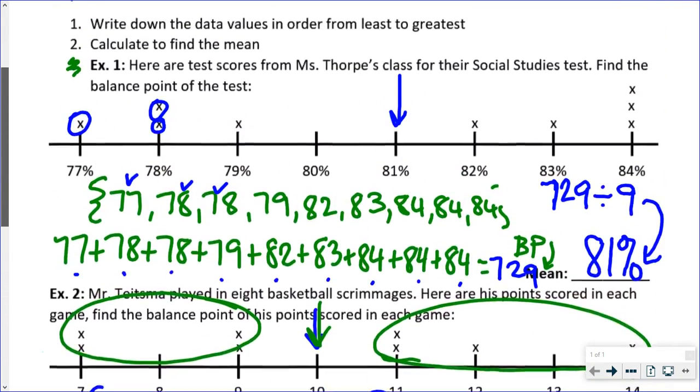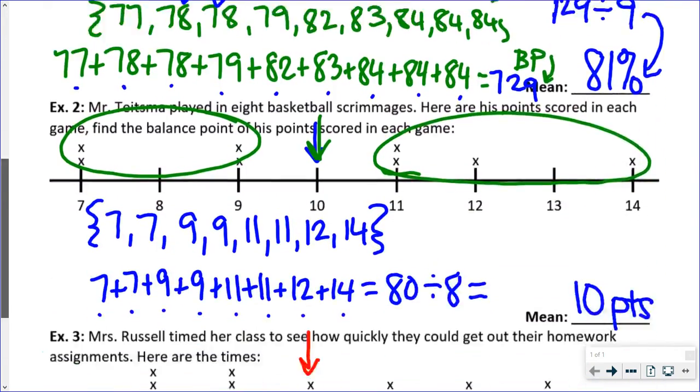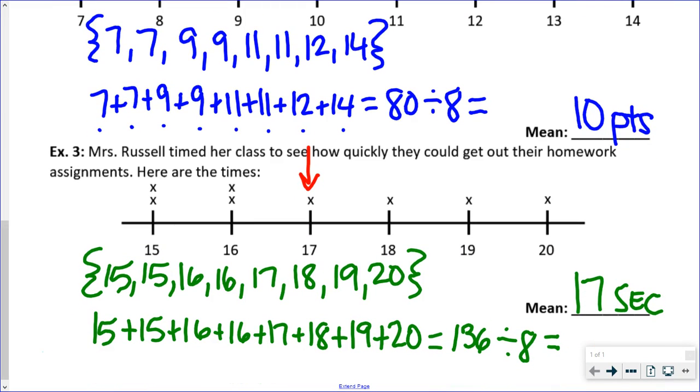Not always the case. Sometimes you could get a balance point that's somewhere in the middle. That's still something that's potential for us to happen, but that's also why we're doing it by adding them together and dividing, because when you're trying to do it by putting the X's on there and trying to figure out the middle, it can be frustrating, it can be a pain. This just takes it out of it.